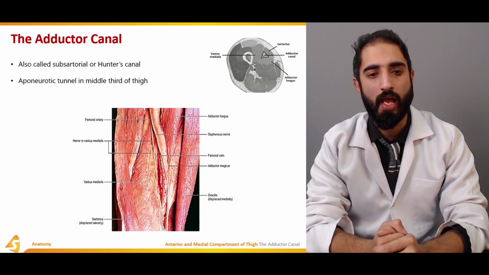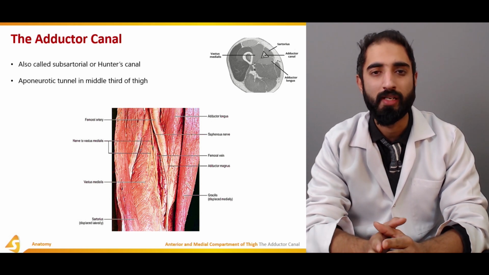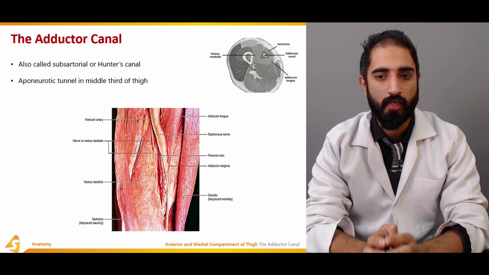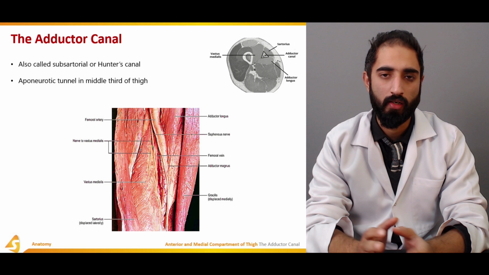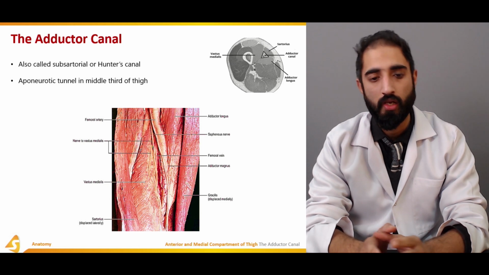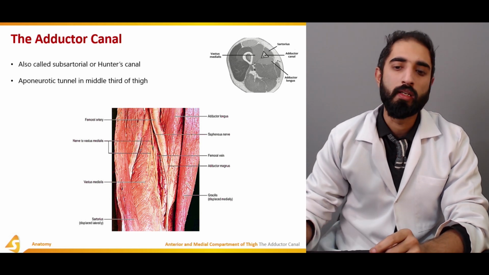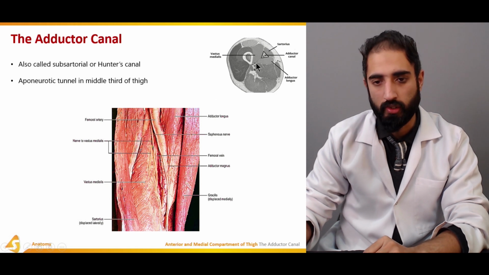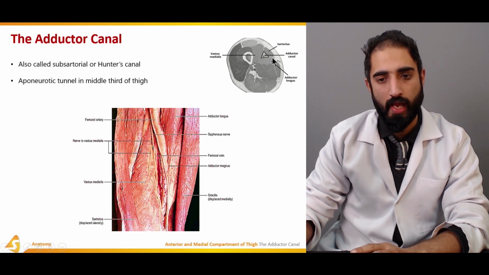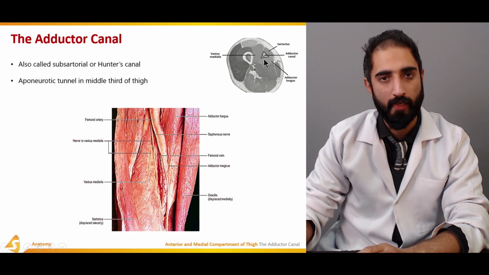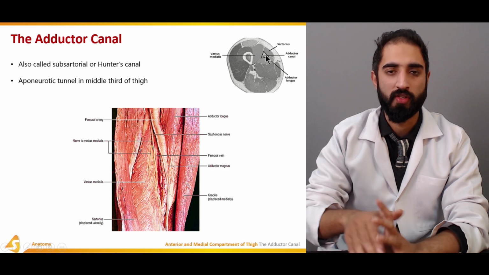And it is an aponeurotic tunnel in the middle third of the thigh through which the arteries, veins, and nerves pass. Here in this picture we can see the adductor canal, and we can see that the veins, arteries, and nerves are passing through it, and it is surrounded by the adductor magnus, sartorius, and vastus medialis, which form a canal through which different structures are passing.